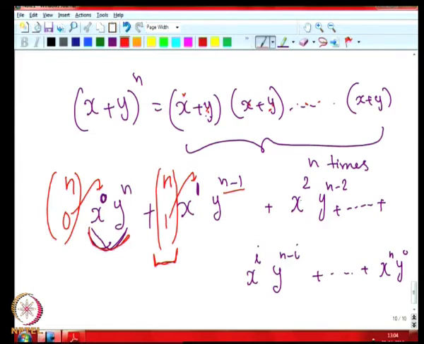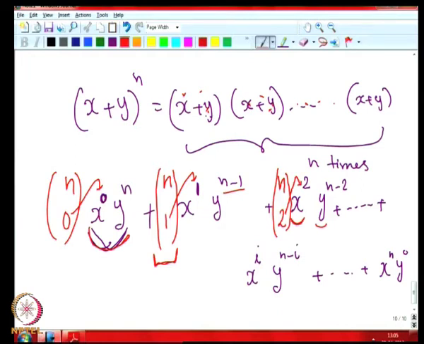Similarly, here the question is x square and the remaining are y. Which two terms will contribute x square is the question. Out of the n possible terms here, we take 2, and we say that those two are contributing x, and then the remaining terms are contributing y.